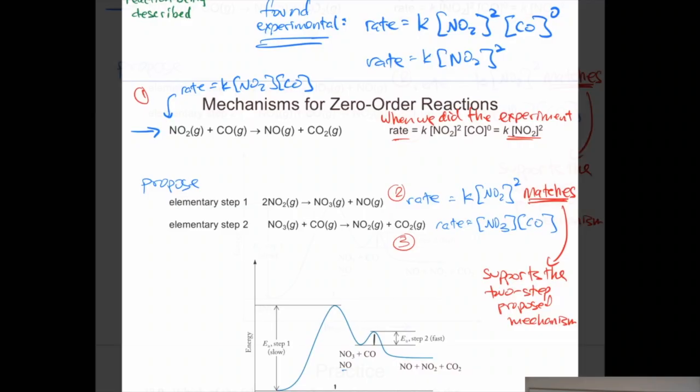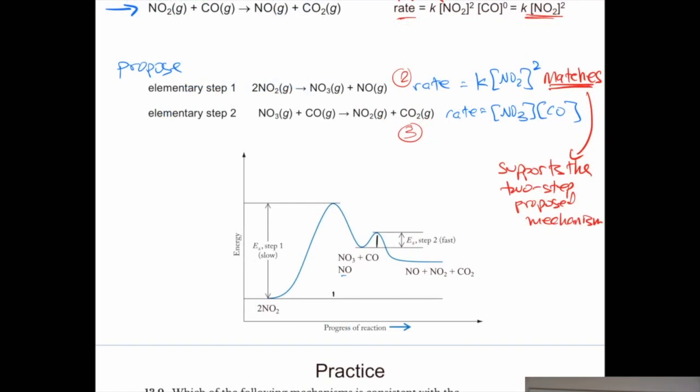What does it mean? Step 1 has the rate law equal to K NO2 squared. Step 2 happens here.